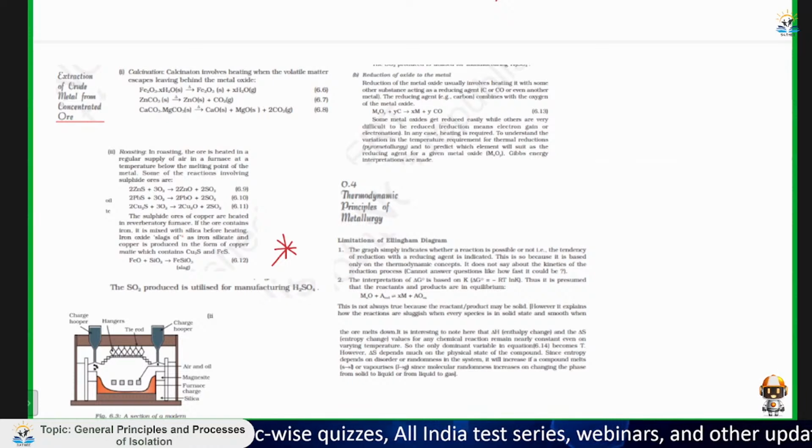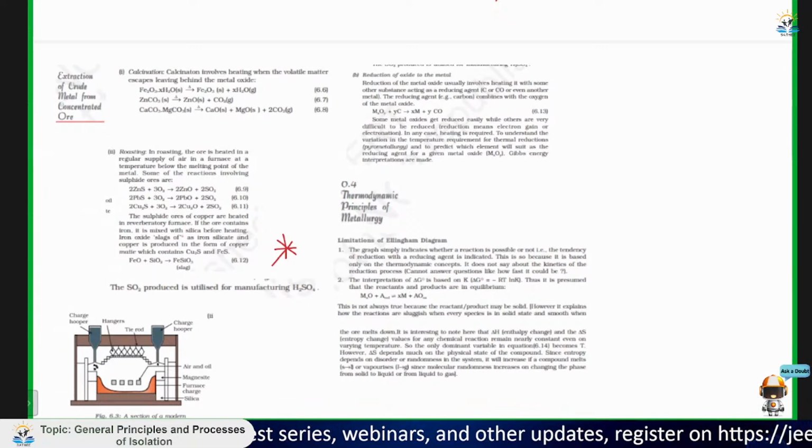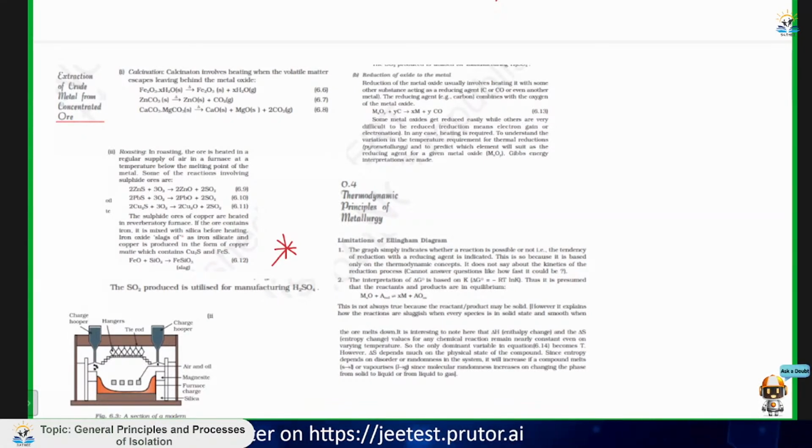You see, this reduction of metal oxides usually involves heating with some other substance acting as a reducing agent, carbon or CO or even other metals. Even other metals are used in very rare scenarios, like copper's bacterial leaching. The reducing agent combines with the oxygen of the metal oxide. Some metal oxides get reduced easily, while others are very difficult to reduce.